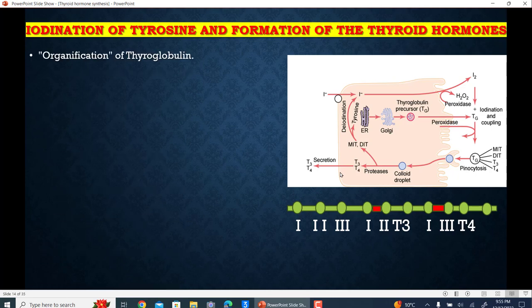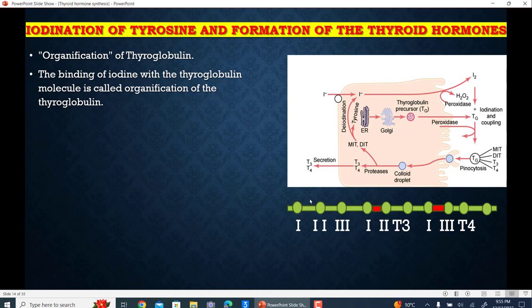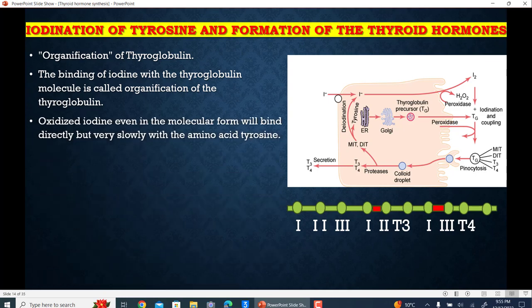Organification of thyroglobulin. The binding of iodine with the thyroglobulin molecule is called organification of the thyroglobulin. Oxidized iodine, even in the molecular form, will bind directly but very slowly with the amino acid tyrosine.